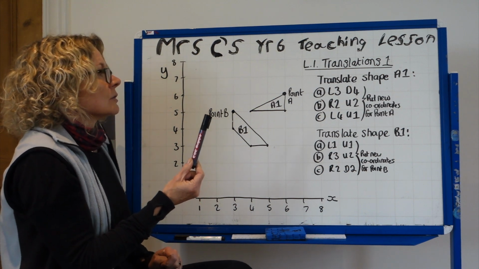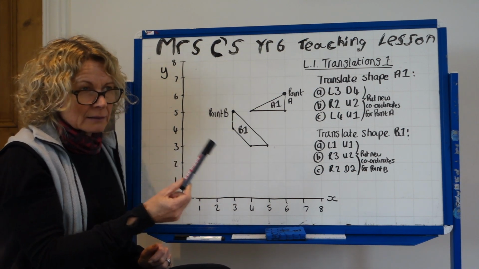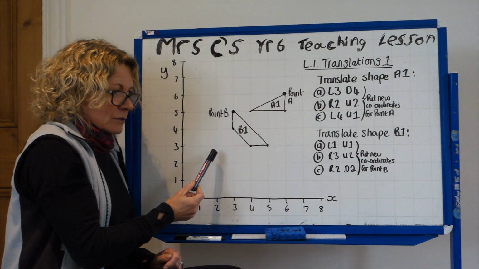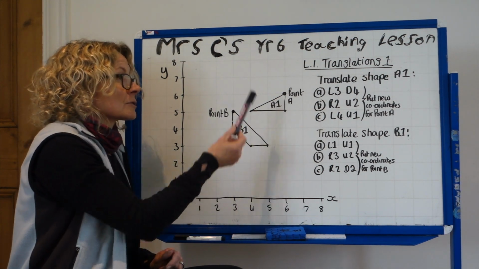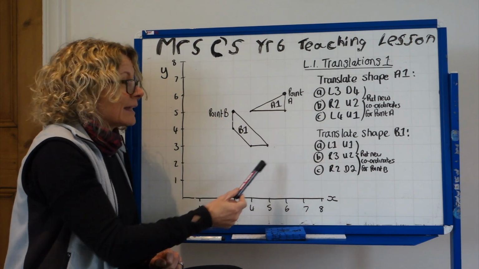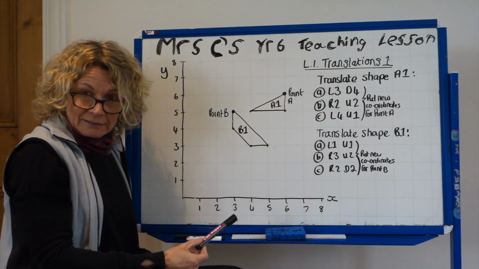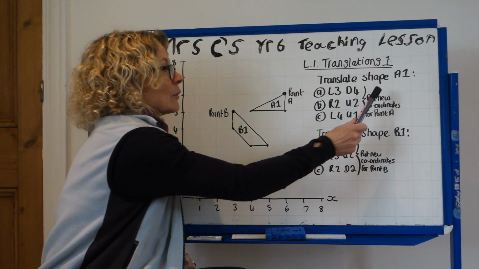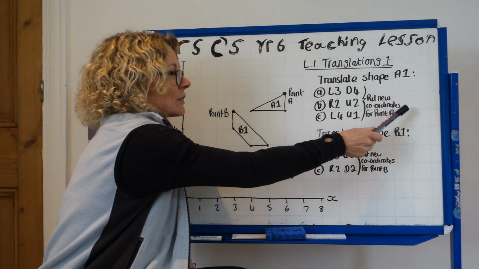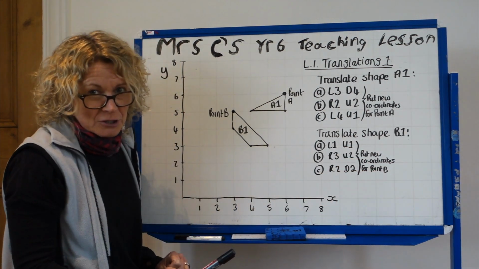Okay, so that means there are going to be 3 new triangles, 3 new trapeziums, and then the 2 originals, so that's 6, 7, 8. There's going to be 8 shapes on this graph when you come back tomorrow, and there will be 6 coordinates written for each of the new positions.